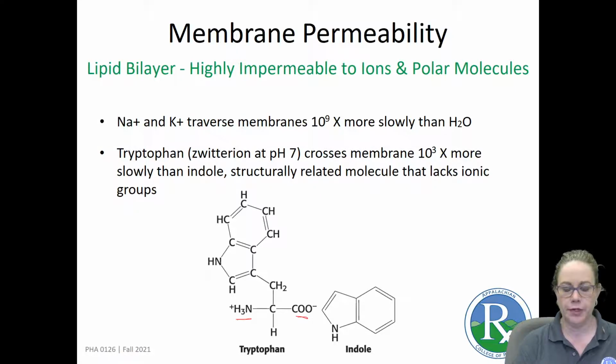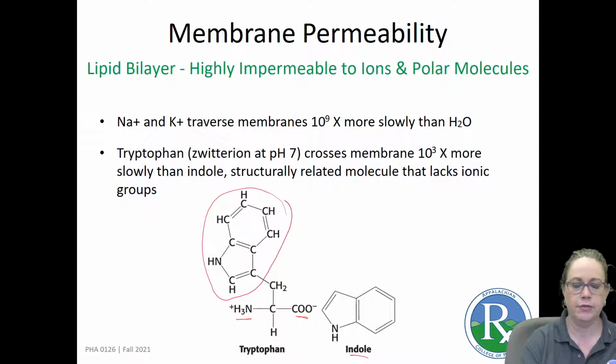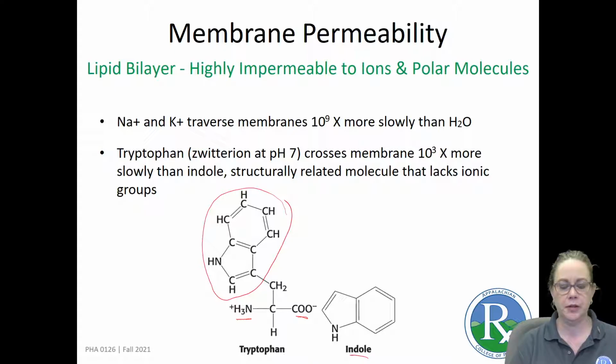If we take a look at indole on the right-hand side here, that's basically the side chain of tryptophan, an indole group, and that's just bound to our generic alpha amino acid, having the alpha carbon with the NH3 plus group, CO2 minus group, and a hydrogen atom.